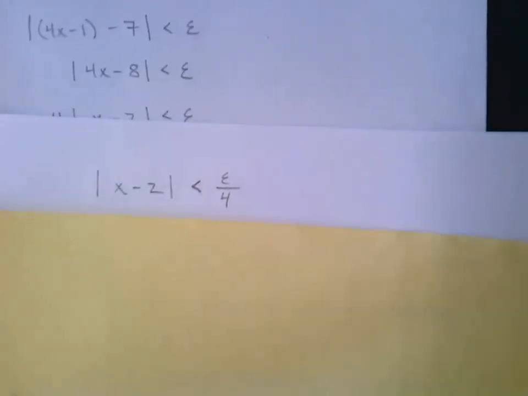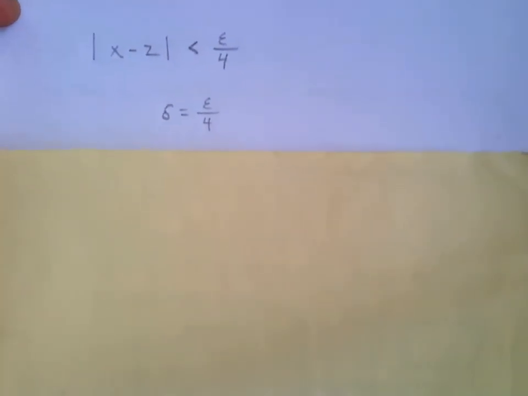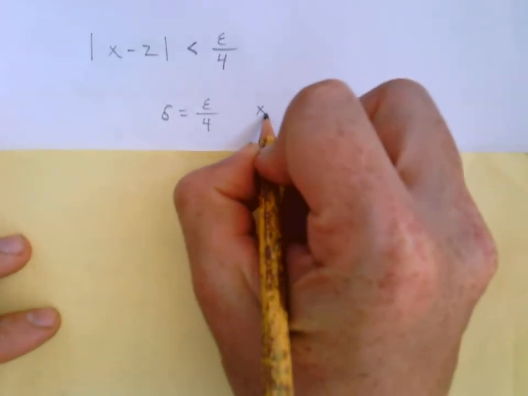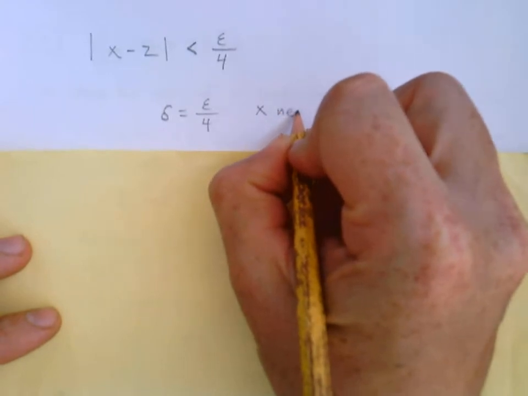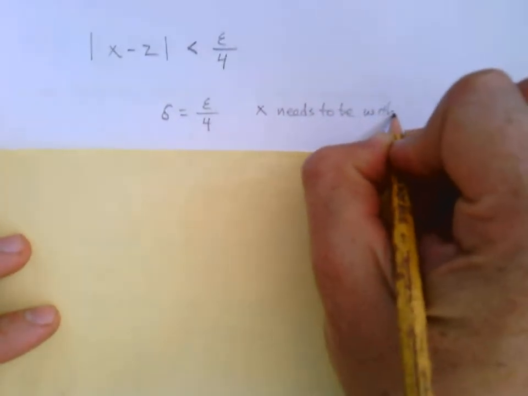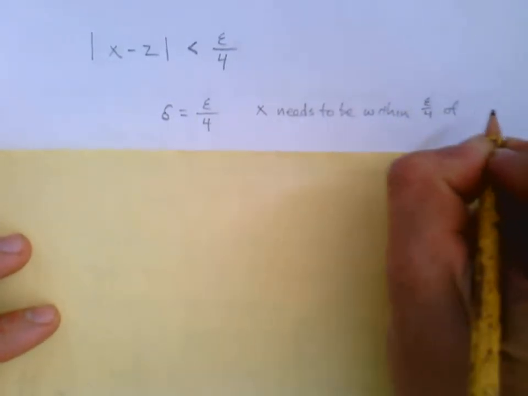Let me say that again. Let me scroll this down and write it off to the side here. x needs to be within epsilon over 4 of 2.